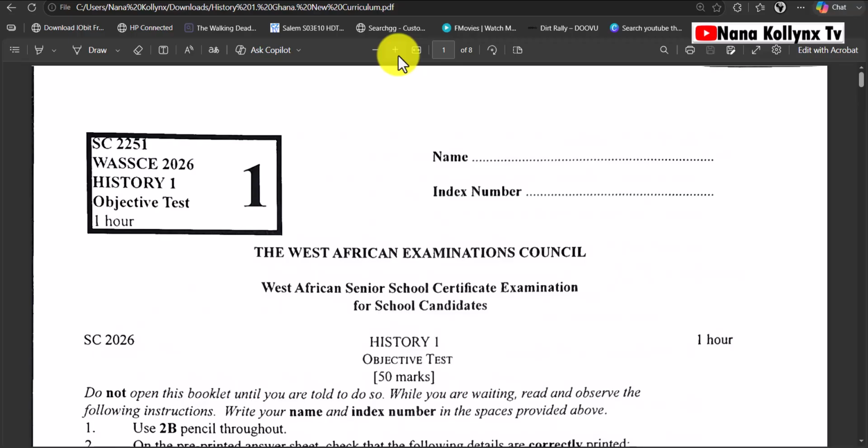You recall that 2 years ago in 2024, the government introduced a new curriculum for senior high school. And so the 2026 year group are going to be the first students to actually write a WASSCE exam on that particular curriculum.